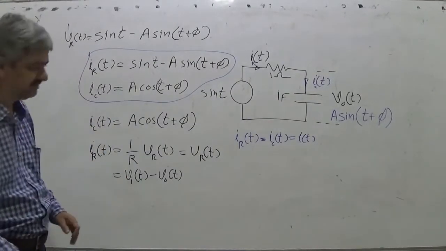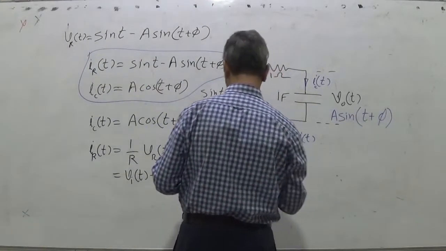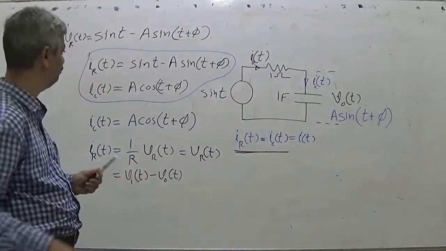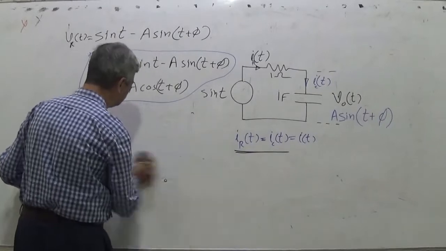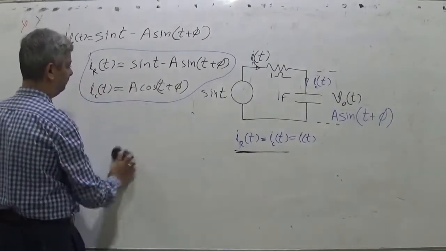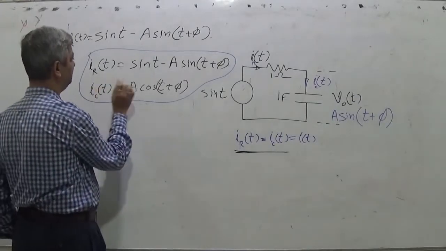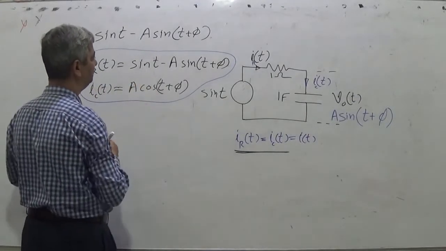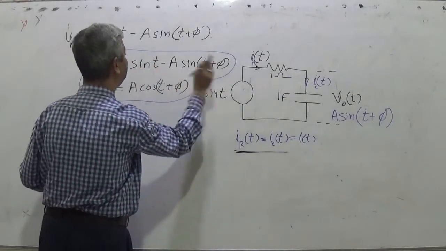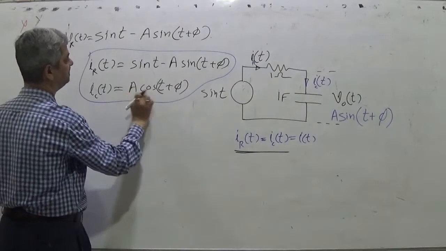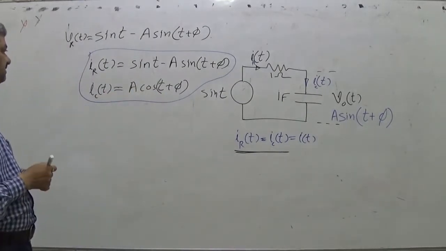Since it is a series circuit, i_R(t) is equal to i_C(t). So you have to write this equality: i_R(t) is sin t minus A sin(t + φ), and i_C(t) is A cos(t + φ).